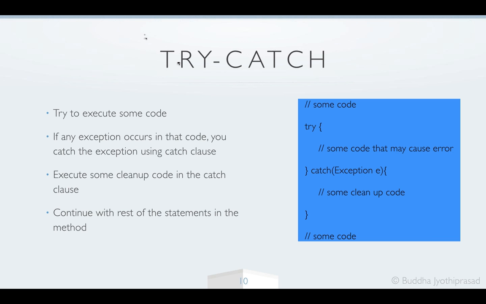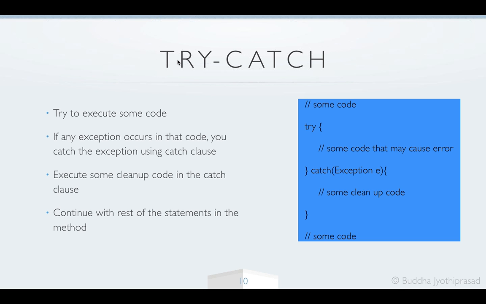The typical syntax of catch will be something like this. We try to execute some code, which we will enclose in a try block, starting with the keyword try, and all the code that has to be part of the try block has to be within the braces of the try.